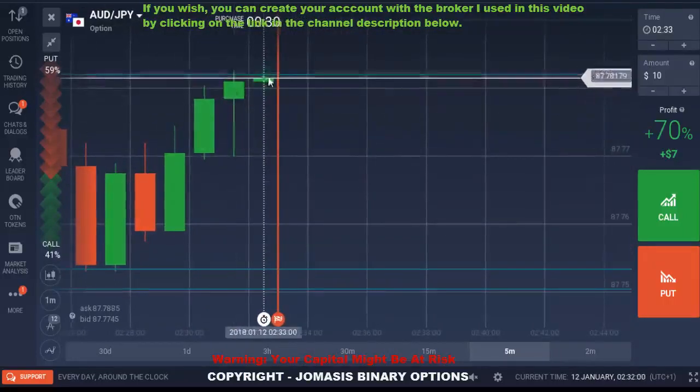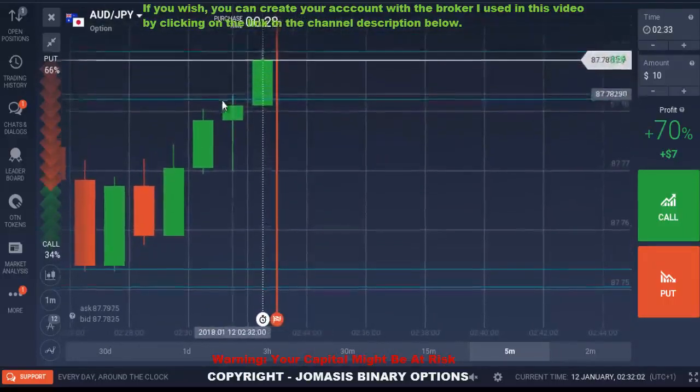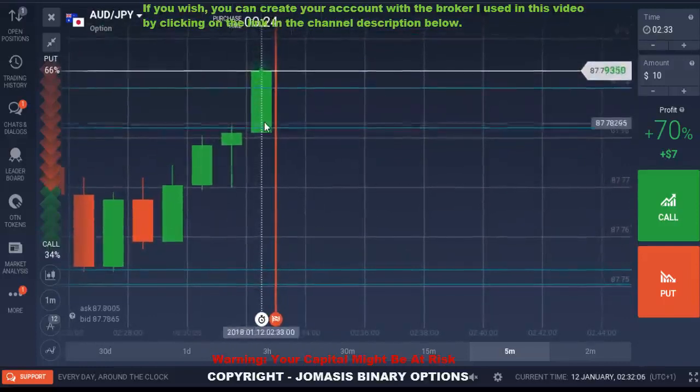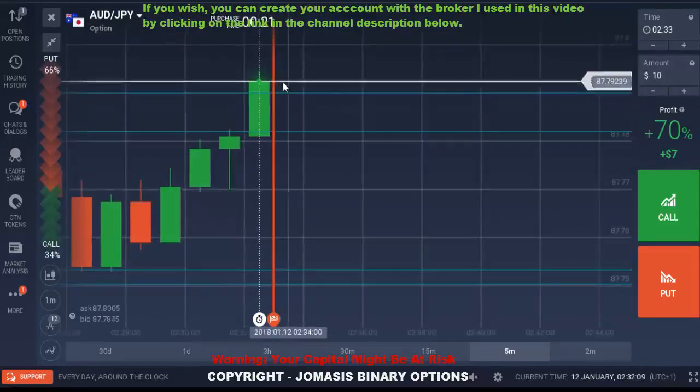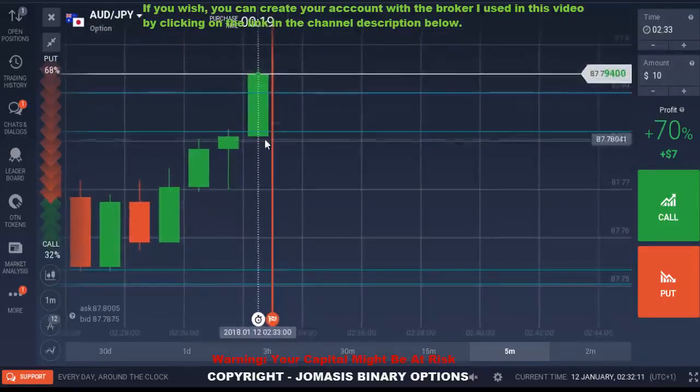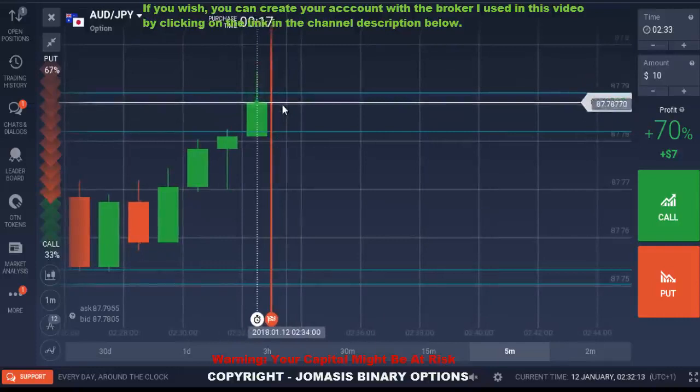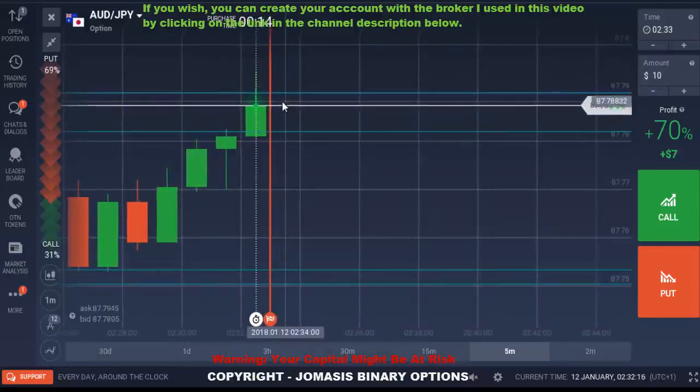So then, as I was saying, as you can see, this market, because the resistance or support is bound to be broken, there's no way the market is not going to break a resistance or support level.